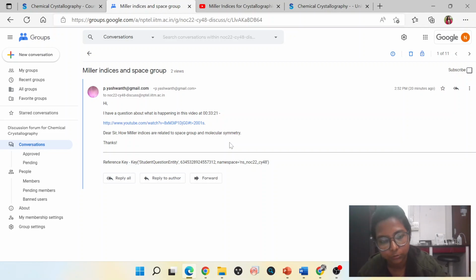Miller indices define the planes or sometimes the directions. The most commonly occurring planes like 100 or 010 or 101 will be there in all crystals in all space groups, no matter what the space group is. So there is no such connection. What is your doubt exactly, if you tell me?